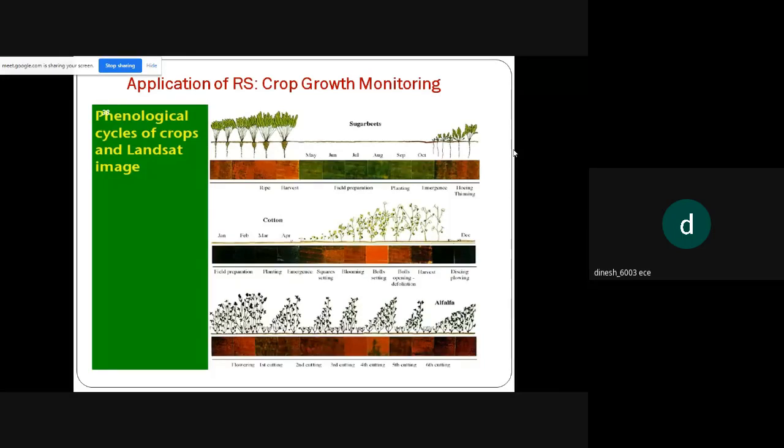Then during November and December, plowing again is being recycled.